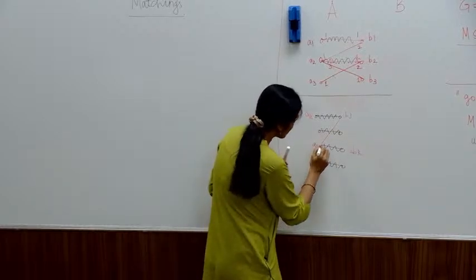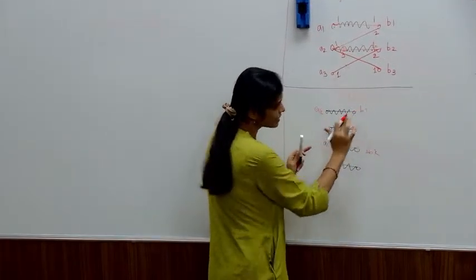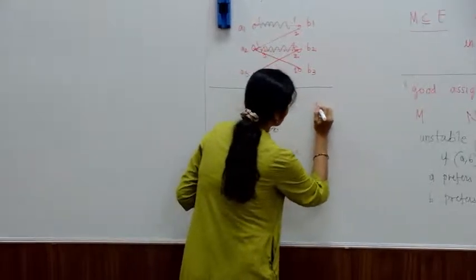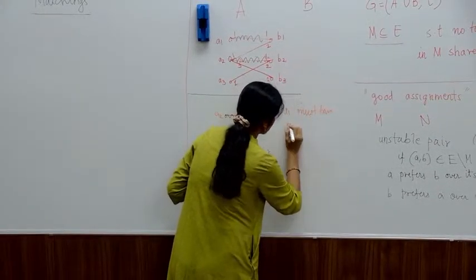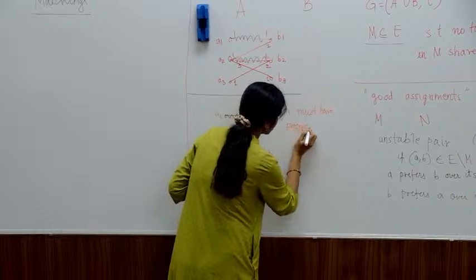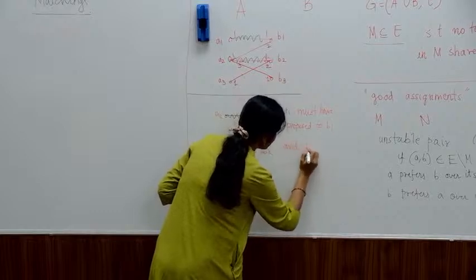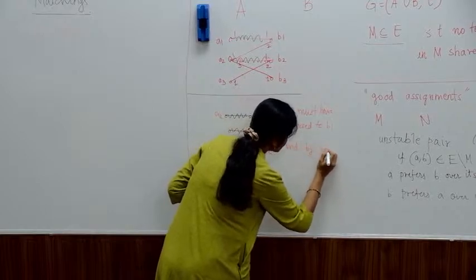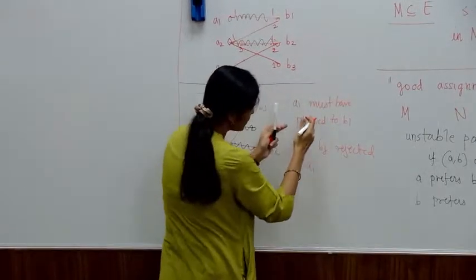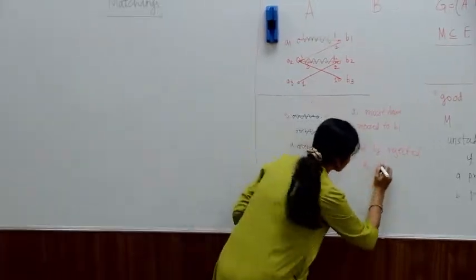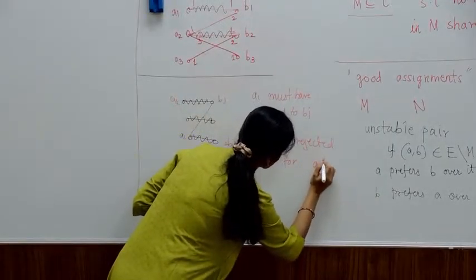Right? So at the point where AI proposed to BJ, at some point BJ must have rejected AI, maybe immediately or later, not for AK but for some AI prime.